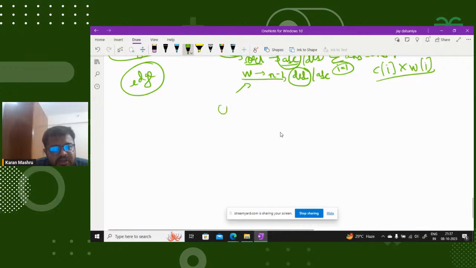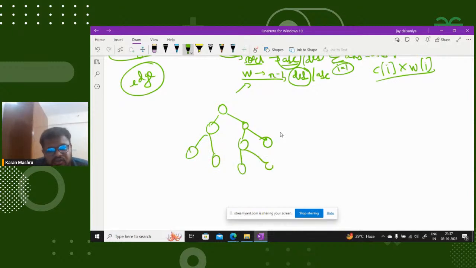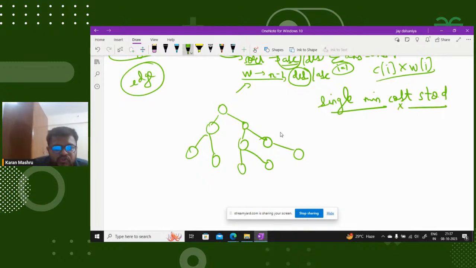Now understand one thing. We are given a tree structure. Since we are given a tree structure, there will be a single minimum cost path from source to a destination. So let's say this is my source, this is my destination, then my path would be this, this and this, right?